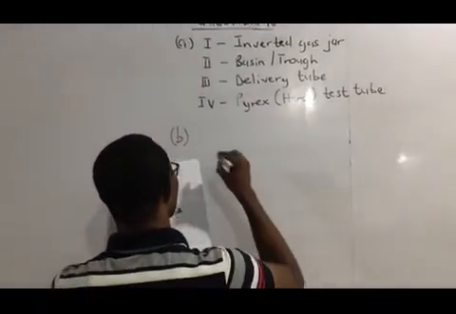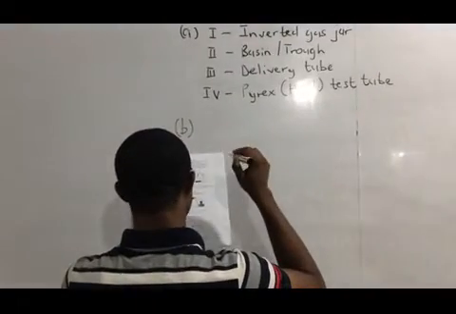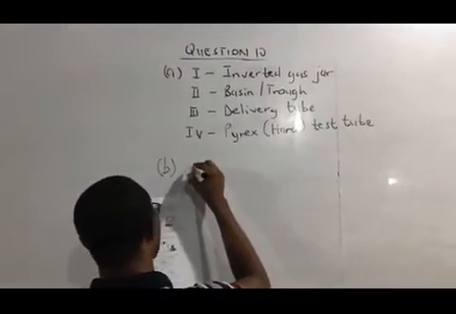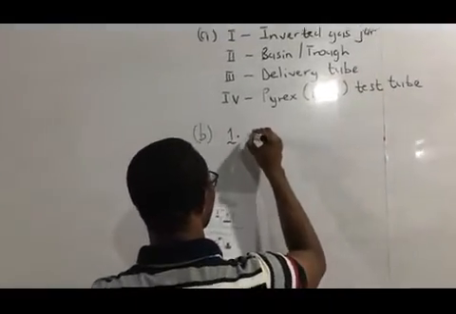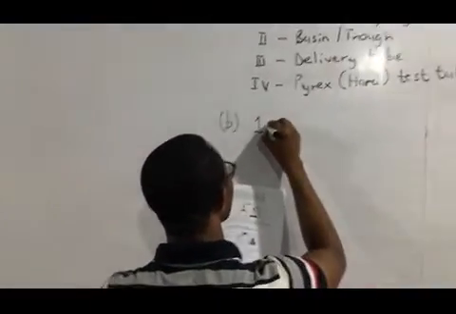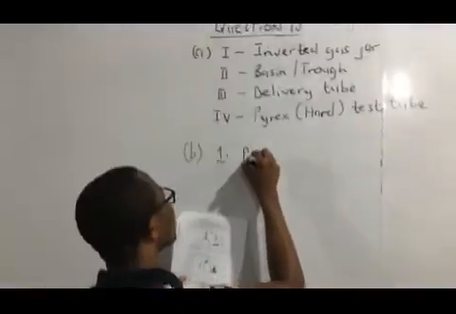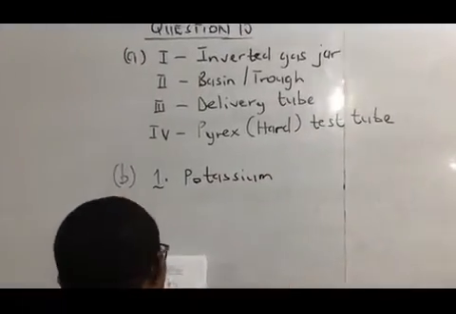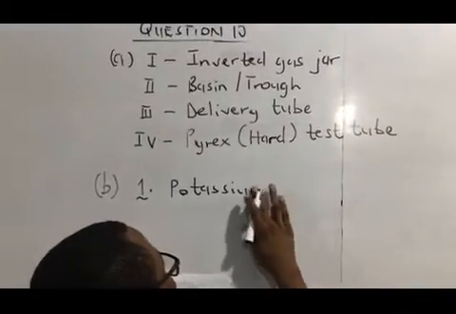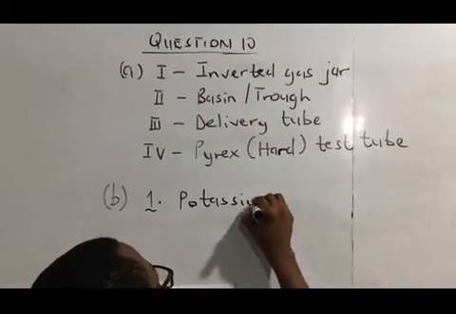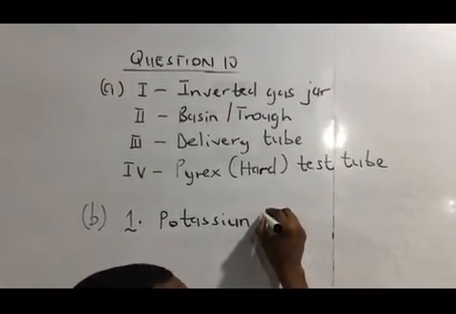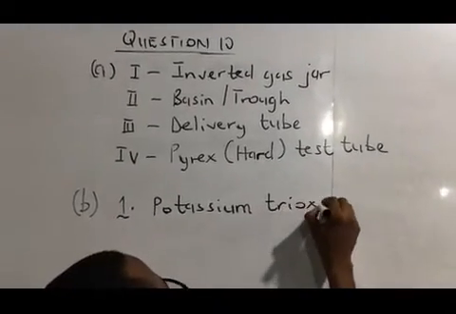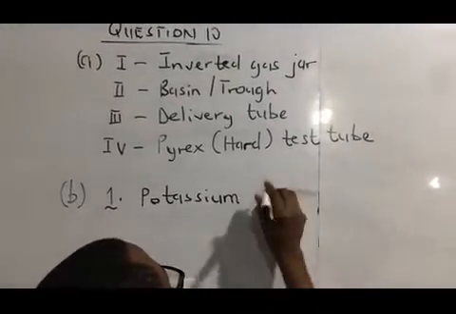So the chemicals there will be the potassium chlorate and then the MnO2. So you have potassium chlorate.